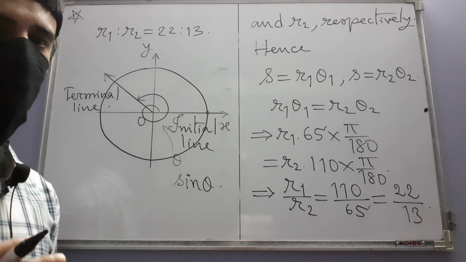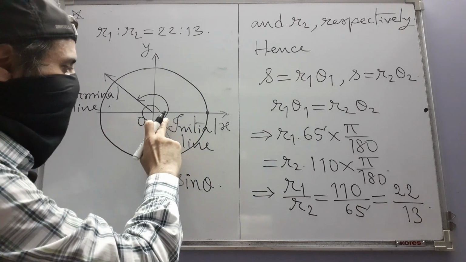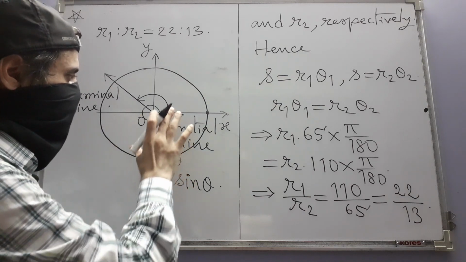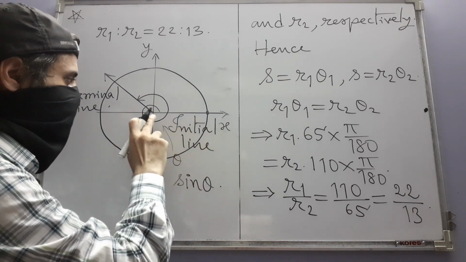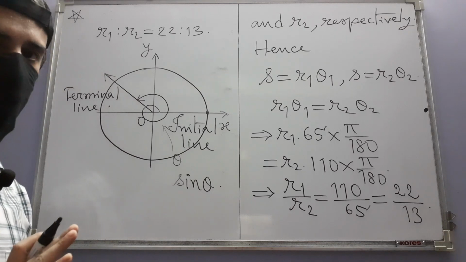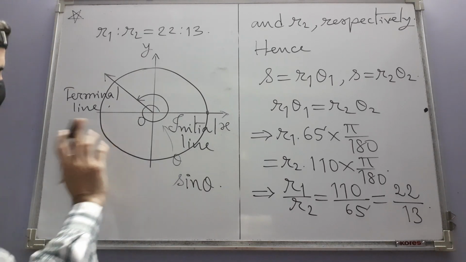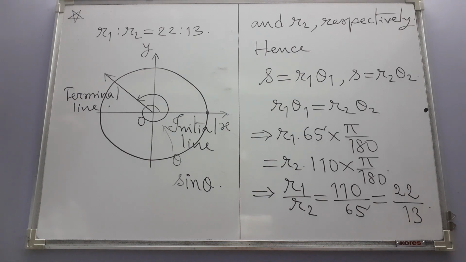Such circles are called unit circles, which have radii 1. But specifically, if you consider such a circle whose center coincides with the origin, that is sometimes called the unit circle. So we have drawn the unit circle here.